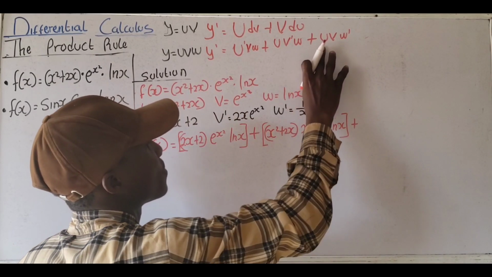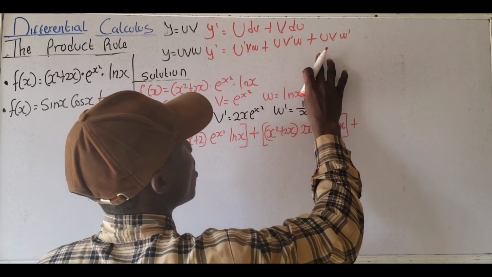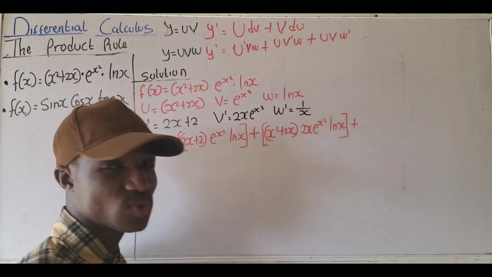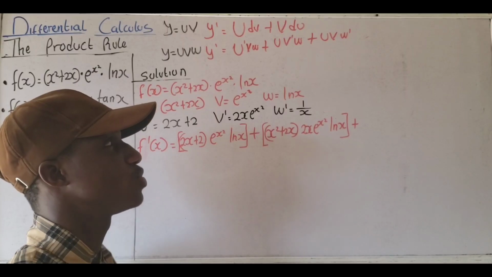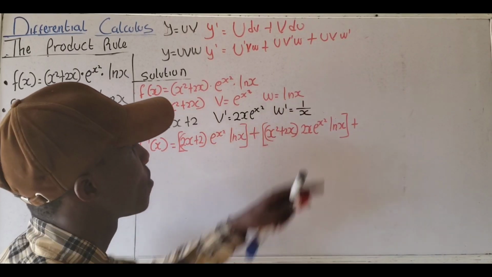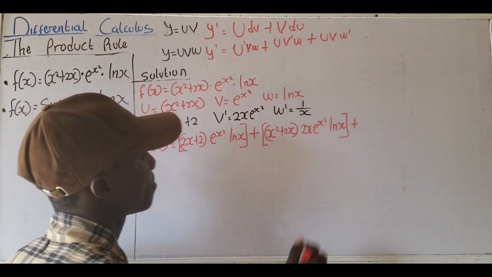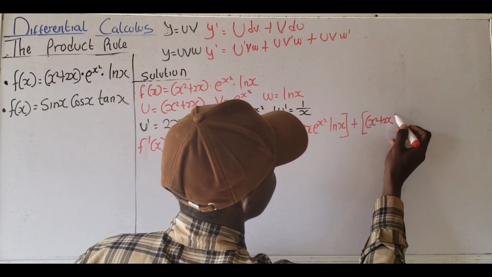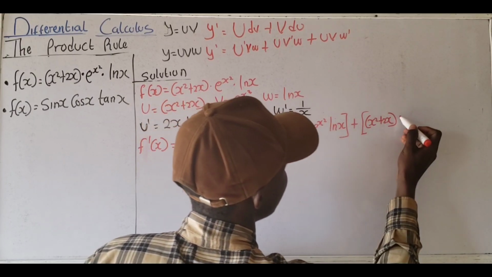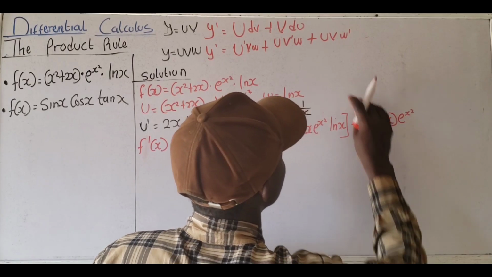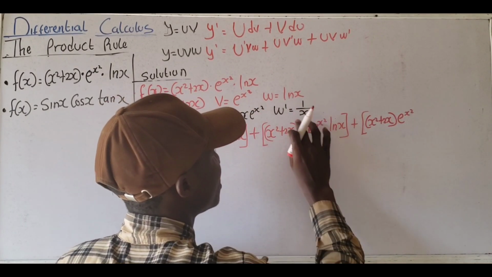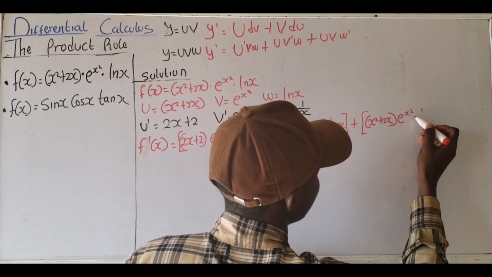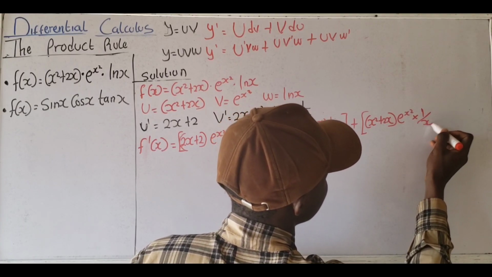Plus, now, we have u. For the third part, we are going to keep u and v constant. That is, we are not going to differentiate u and v, but we are going to differentiate w, okay? So, u is x squared plus 2x, multiplied by v, which is e to the x squared, multiplied by the derivative of w, which is 1 over x.